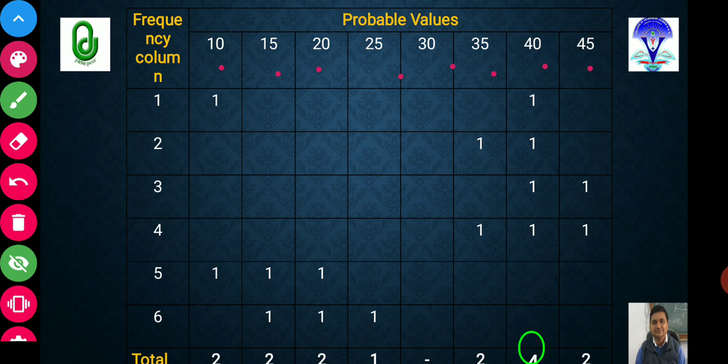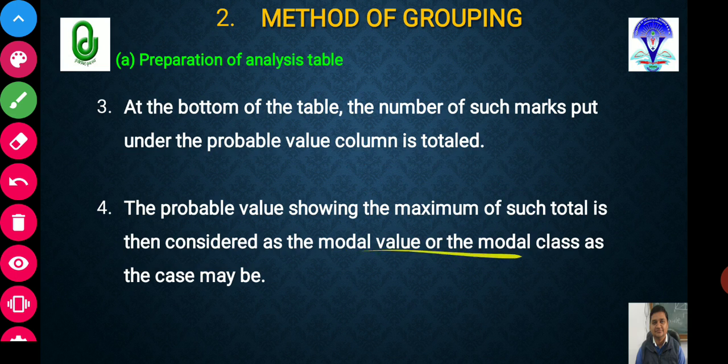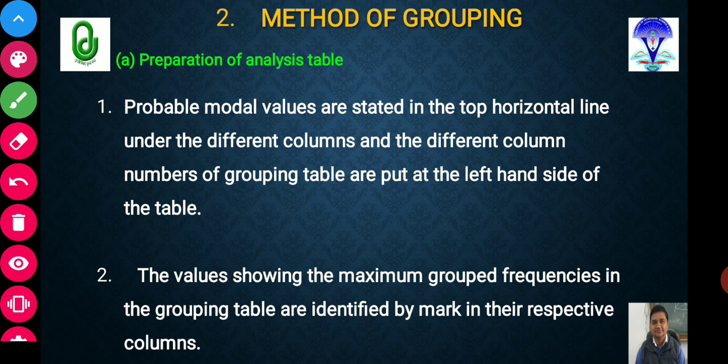So what do we have to write? The probable model values are stated in the top horizontal line under the different columns, and the different column numbers of the grouping table are put at the left side of the table.